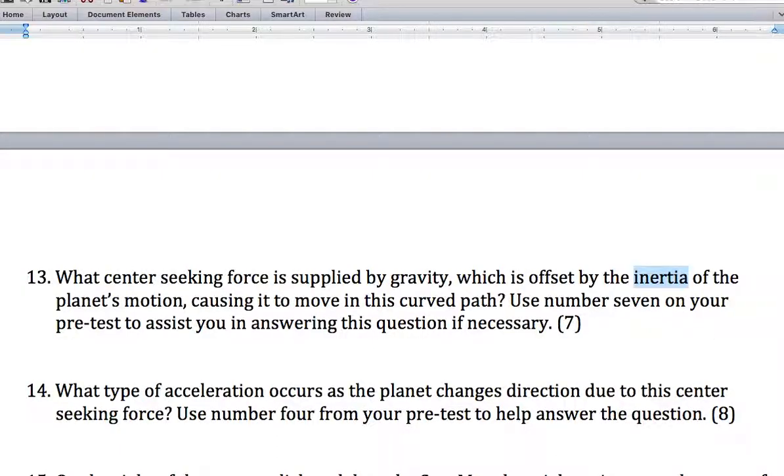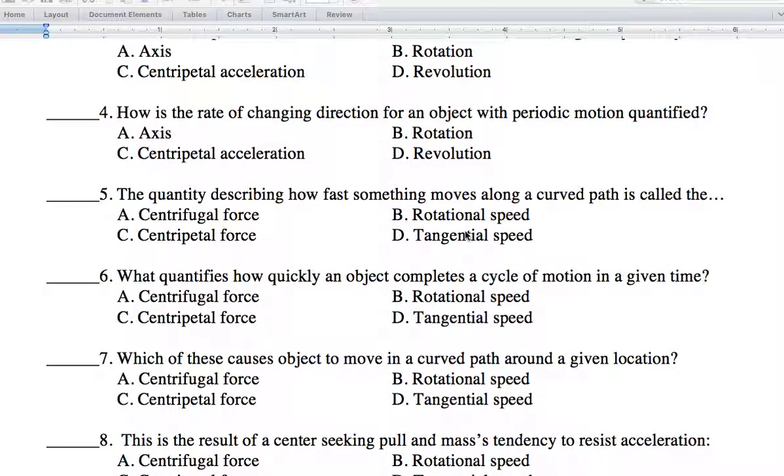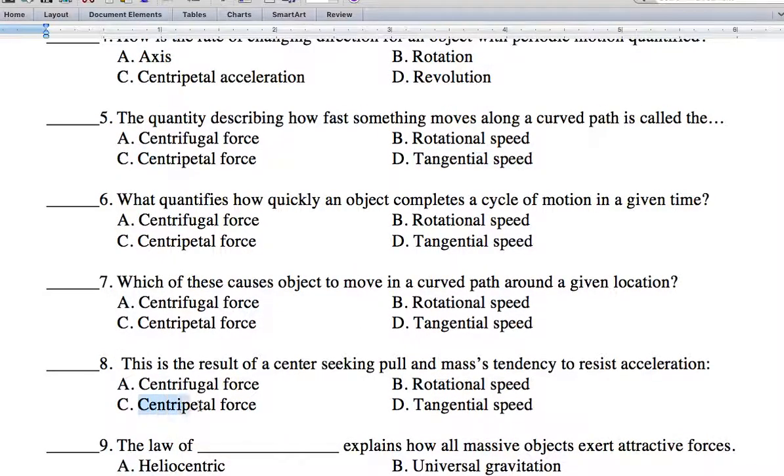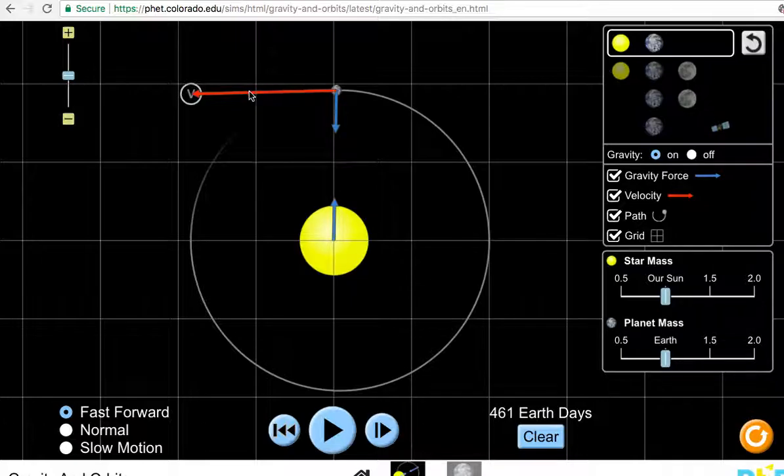And we call this, let's go to your pretest, the centripetal force. So the centripetal force is a force due to the combination of an object's tendency to resist a change in motion, which we can represent with its tangential velocity, and the tendency of masses to attract each other.